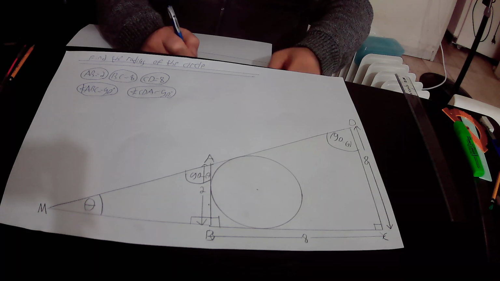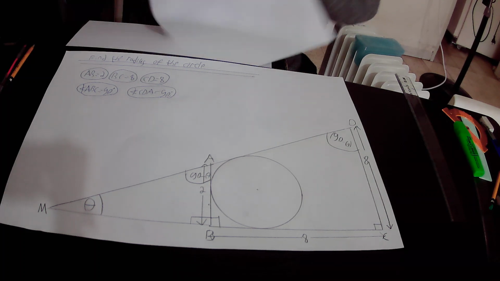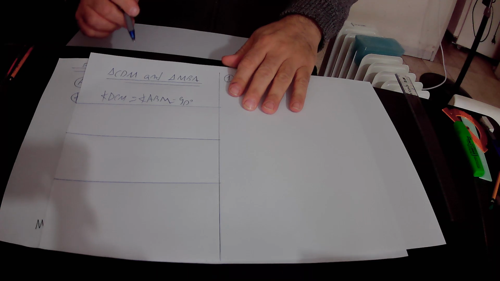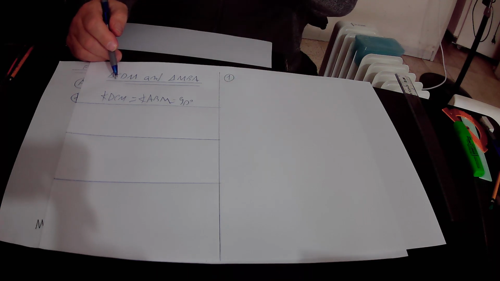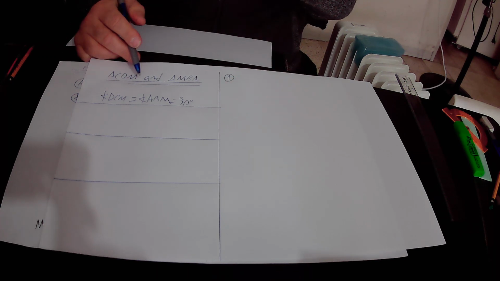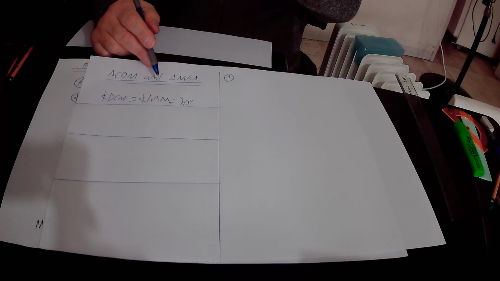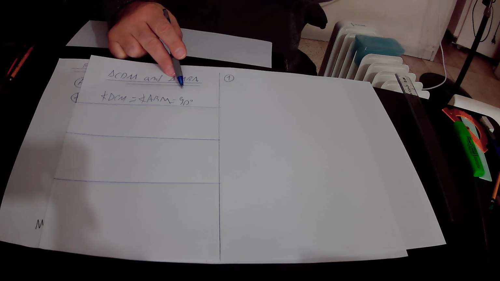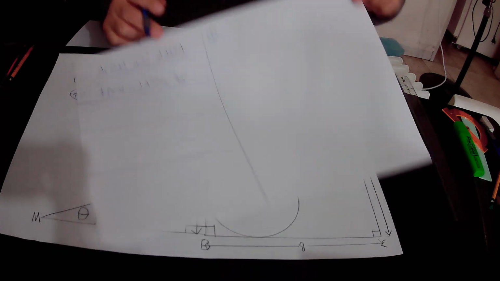Repeat again. Angle DCM in the right triangle CDM equals angle ABM in the right triangle MBA. They are both equal to 90 degrees, therefore they are equal to each other.